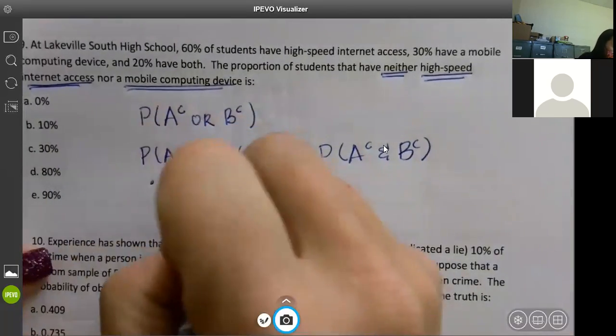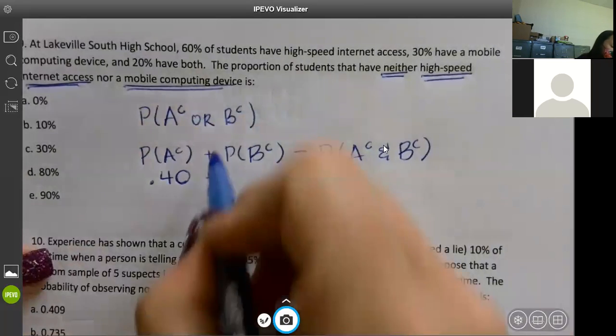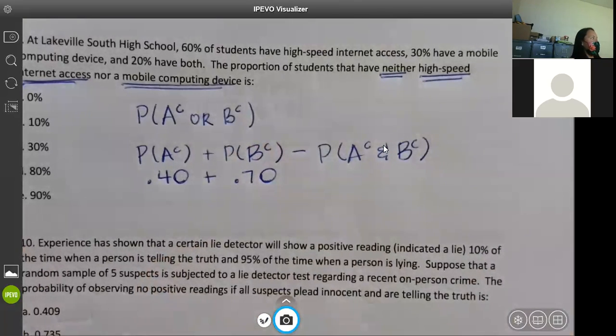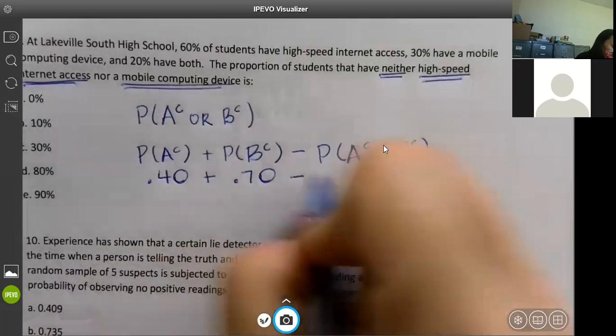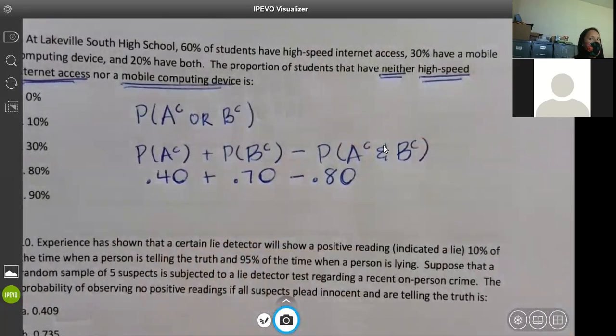So this one's going to be 40. If they have a mobile computing device, it's 30%. So what's the chance that they don't have one? Then it says 20% have both. So how much don't have both? 80, right? And then we just put it in our calculator.